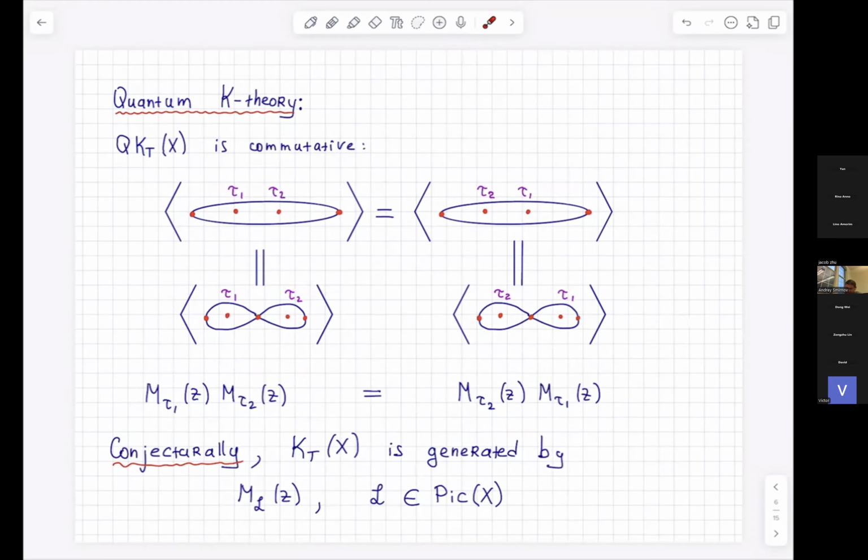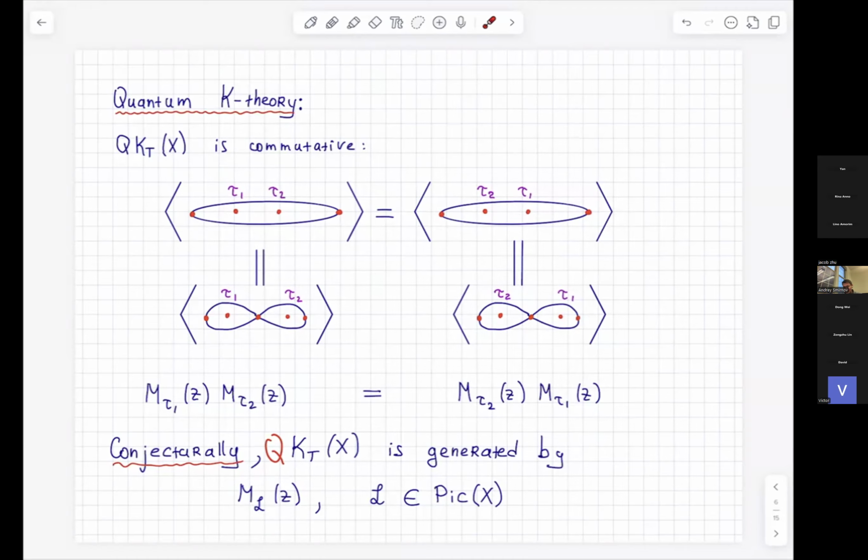And then for Nakajima varieties, there is a conjecture. I'm not really sure what the status of it is now. I guess in some cases it's proven, but in general still not. It is that quantum K-theory, so I guess it should be Q here, is generated by finitely many elements given by quantum multiplication by tautological line bundles.